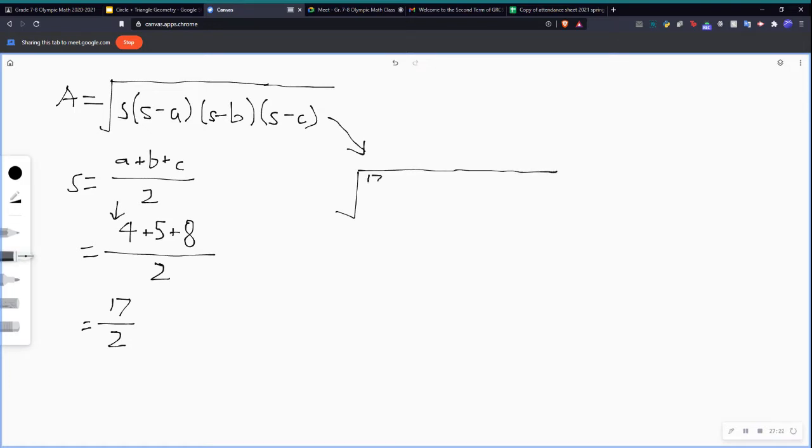So S is 17 over 2. And then we're just going to substitute S minus A, S minus B, and S minus C. So 17 over 2 minus 4.